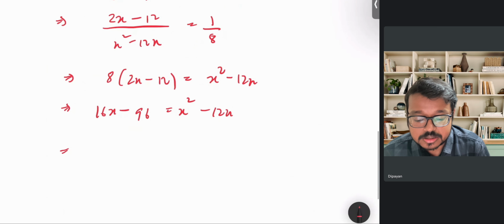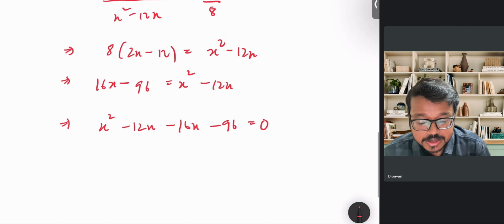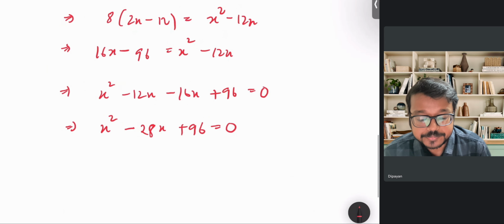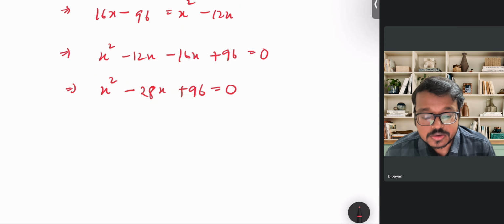Let me bring all the terms to one side. So x square minus 12x minus 16x plus 96 equal to 0. So I'll have x square minus 28x plus 96 equal to 0. Now again I can factorize it or use the quadratic formula.